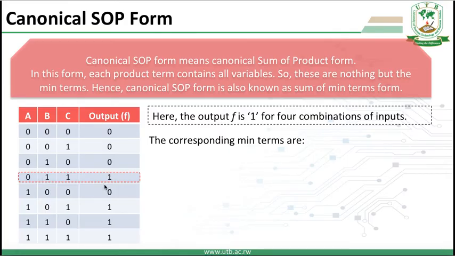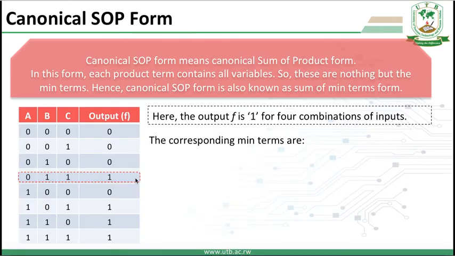So we have four 1 outputs, 1 2 3 4. So we are going to consider only the inputs having 1 as the output.